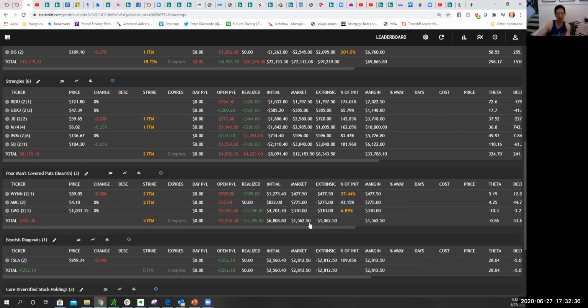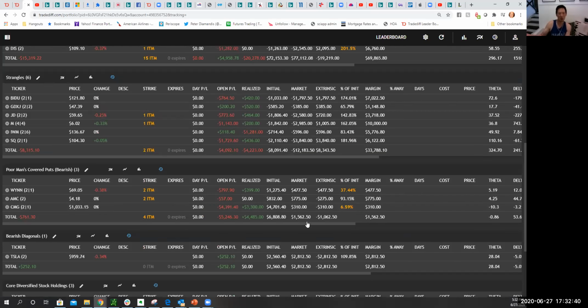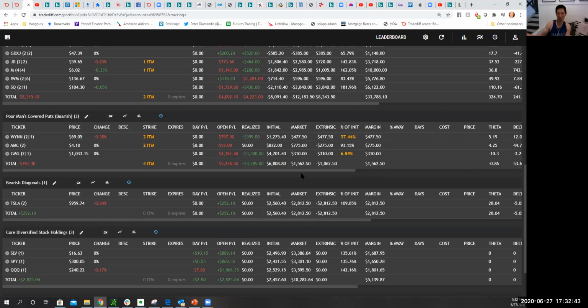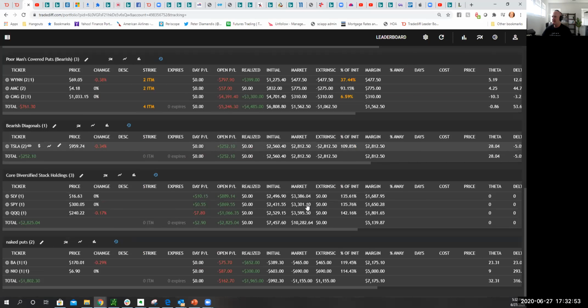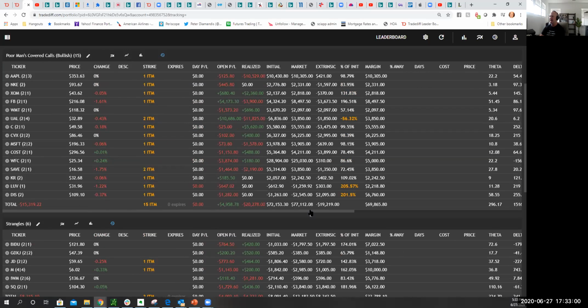You've got $1,500 of market value in your poor man's covered puts, whereas you've got 77,000 in your poor man's covered calls and 12,000. Now he's got maybe 3,000 worth on this bearish diagonal in Tesla. So there's like 4,500 against 80,000.